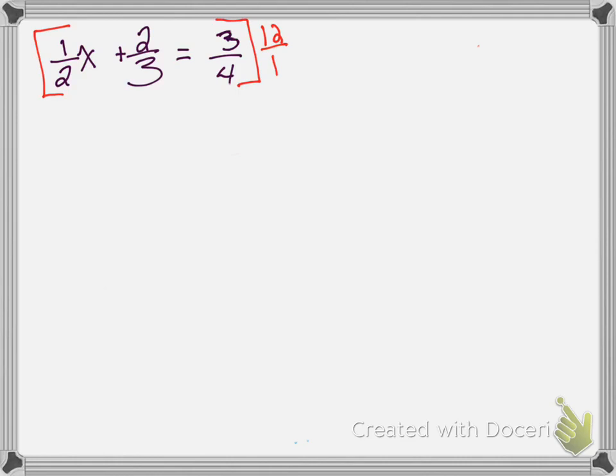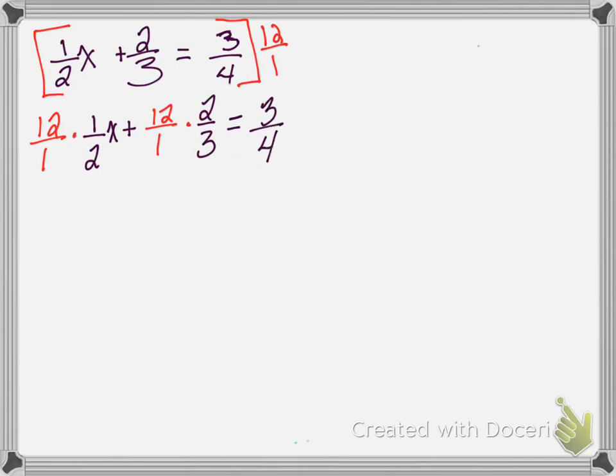So I have 12 over 1 times 1/2 x. Then I have 12 over 1 times 2/3. Then I have 12 over 1 times 3/4. Now, I know how to cross cancel.